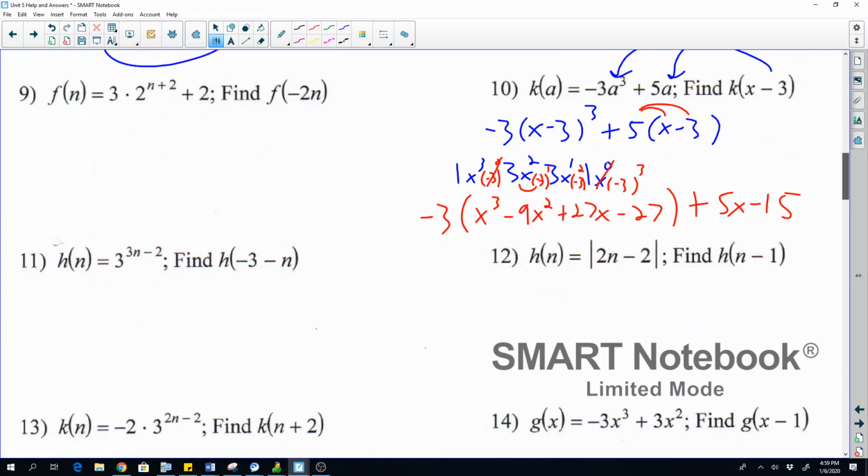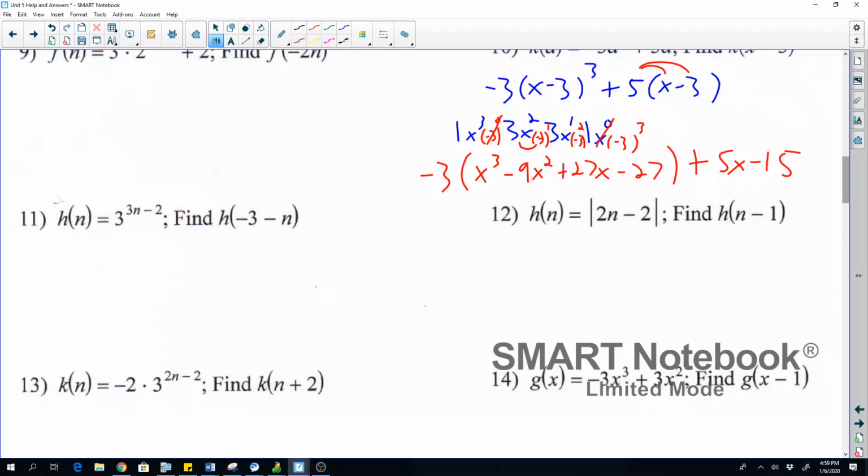Then you get down to some crazy ones here. So we're going to take negative 3 minus n, and we're going to take that whole thing and shove it right into the exponent part. So that's going to be 3 to the 3 where instead of n, it's going to be negative 3 minus n, and then minus 2. So again, we took that negative 3 minus n and we put it in place of the n.